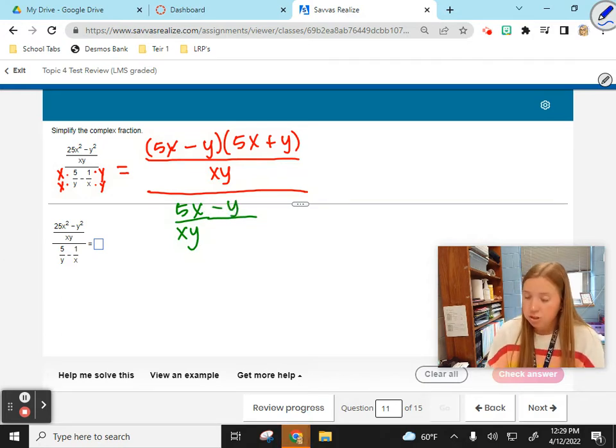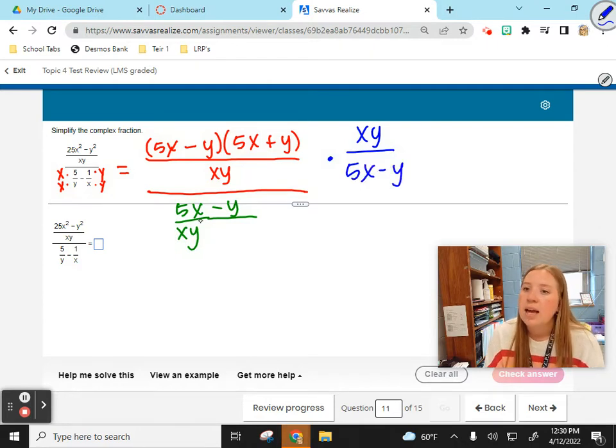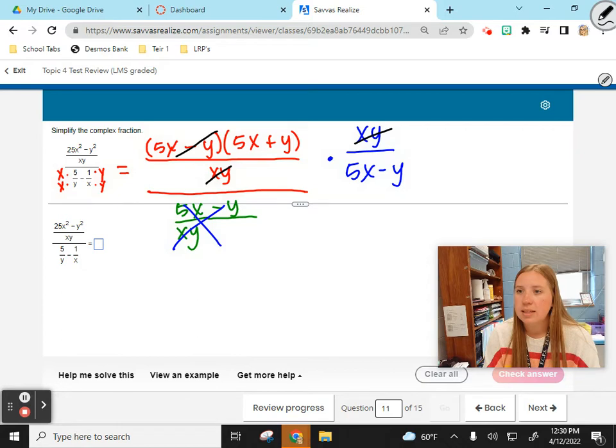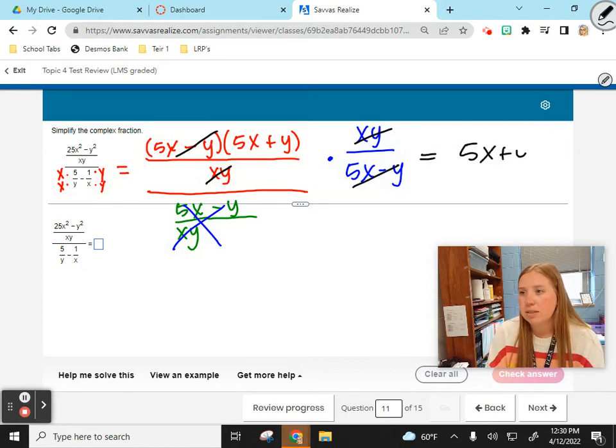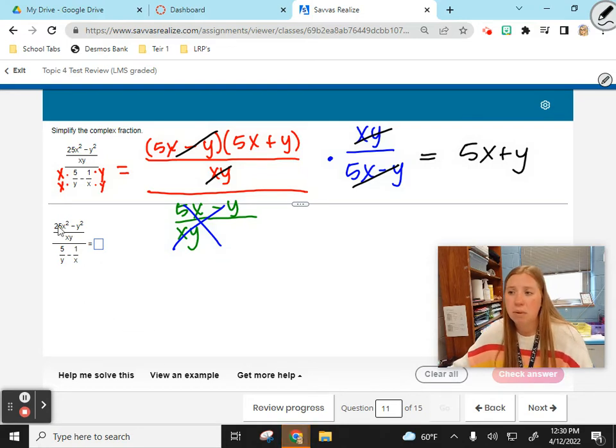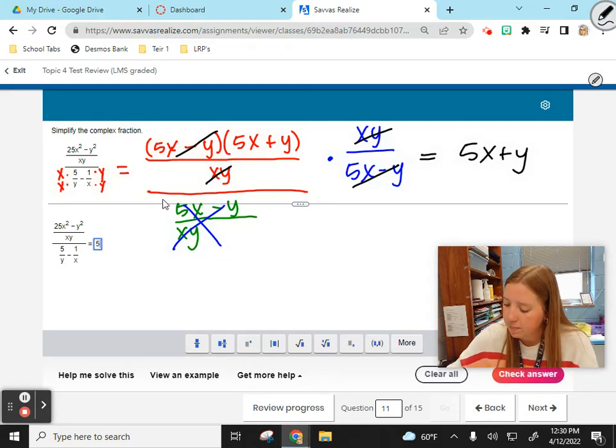And then it just turns into a division problem, which is the same thing as multiplying by the reciprocal. And so now we got rid of this crazy fraction in the denominator. And now we're looking for common terms on the top and the bottom that are going to cancel each other out. And everything reduces except for 5x plus y.